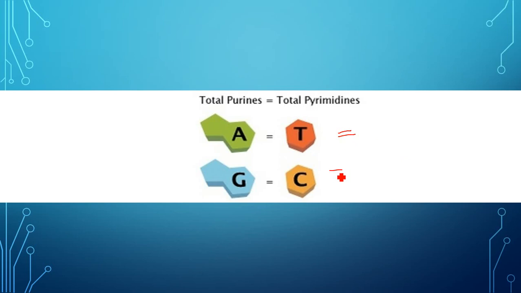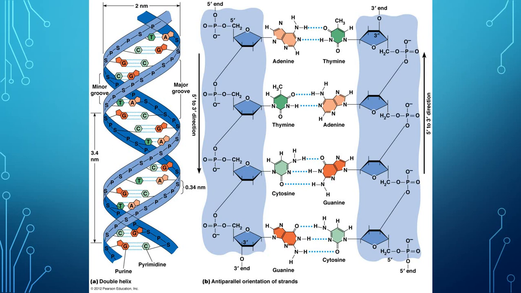According to Chargaff's rule, in the DNA molecule, the amount of purines is always equal to the amount of pyrimidines, and A always binds with T with two hydrogen bonds, and C always binds with G with three hydrogen bonds. The amount is always equal.